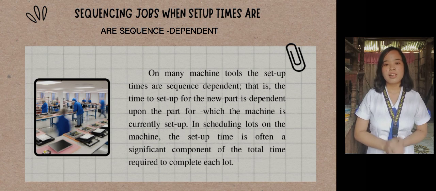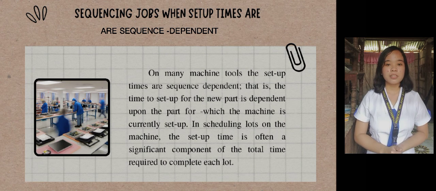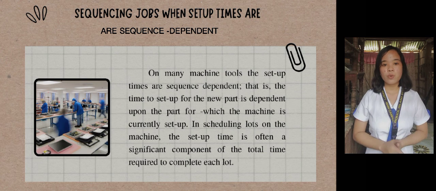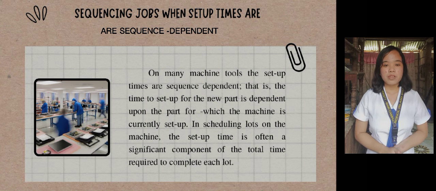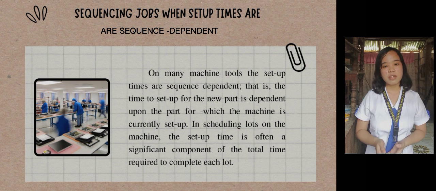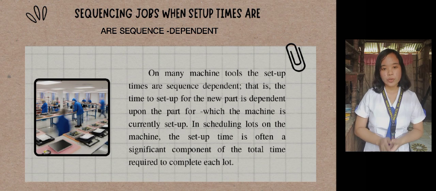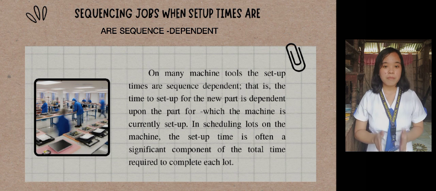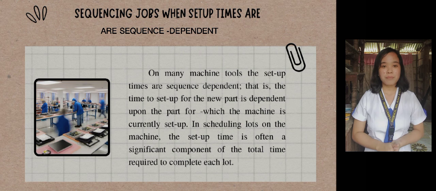In scheduling lots on the machine, the setup time is often a significant component of the total time required to complete each lot. Sometimes machine setup times are assumed independent of processing order, but in many instances that assumption is not true. Consequently, a manager may want to schedule jobs at a workstation taking those dependencies into account. The goal is to minimize total setup time.